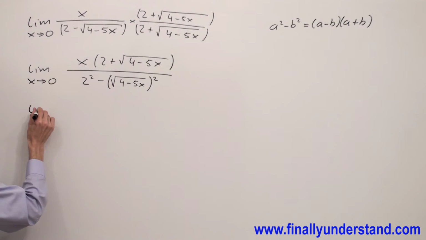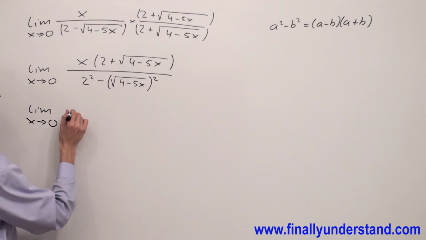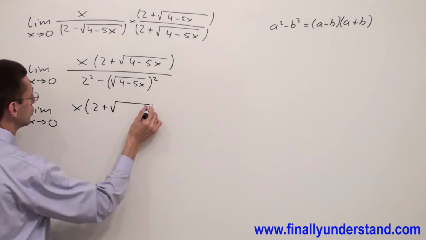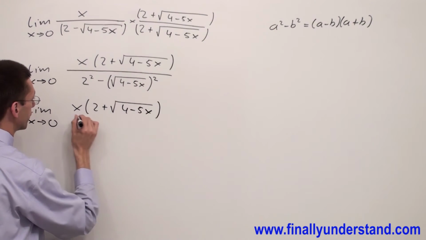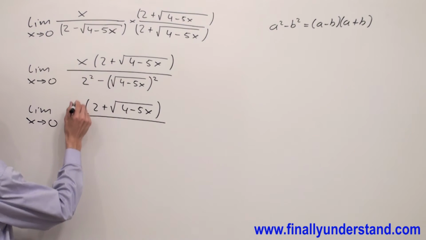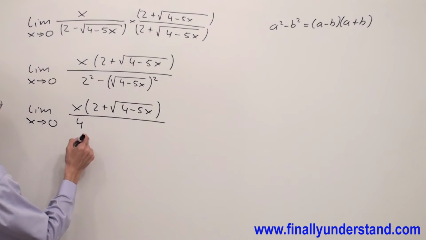I have limit x is approaching 0, and I have x times 2 plus square root 4 minus 5x, and in the denominator I'm going to have 4 because 2 to the second power is 4.